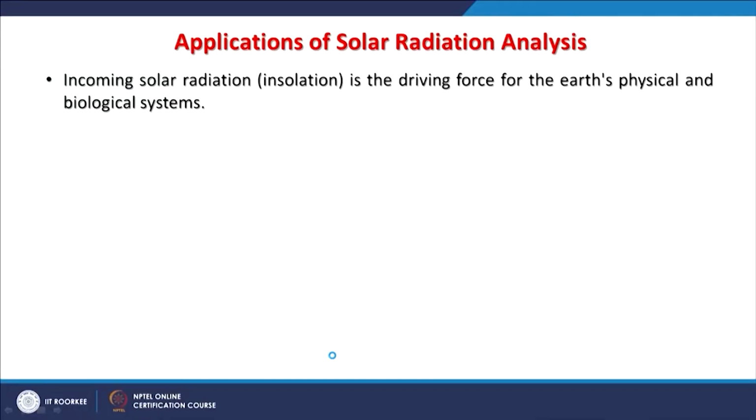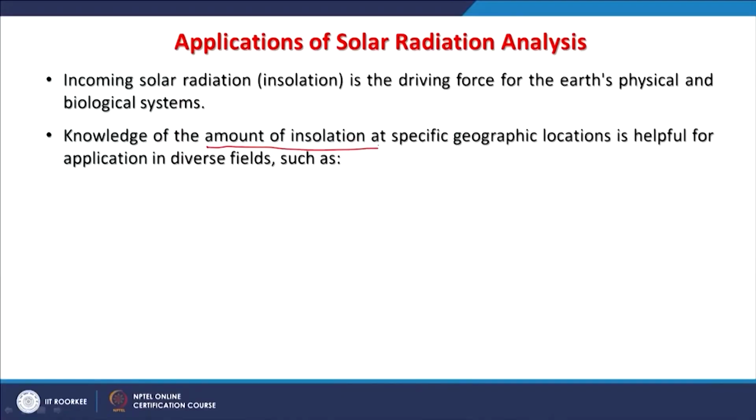So, now what are the applications? Some of the applications we have already touched, but nonetheless for completeness I will go one by one. This incoming solar radiation, that is insolation, is basically the driving force of the Earth's physical and biological systems.